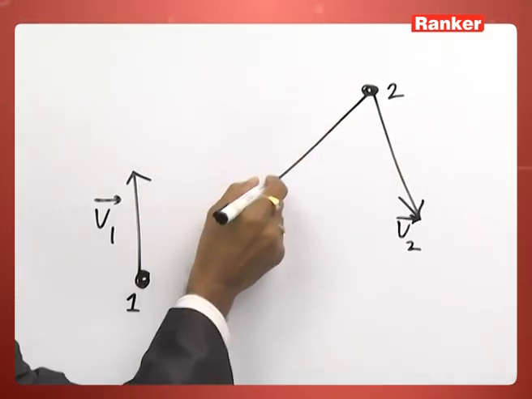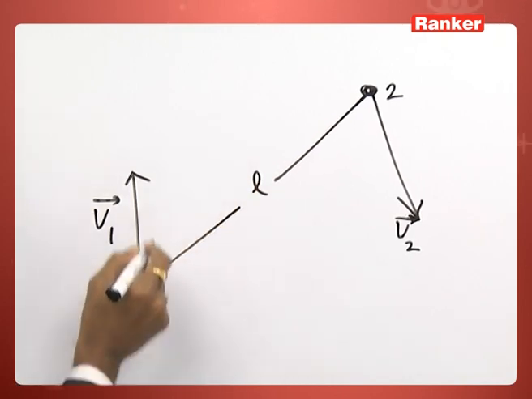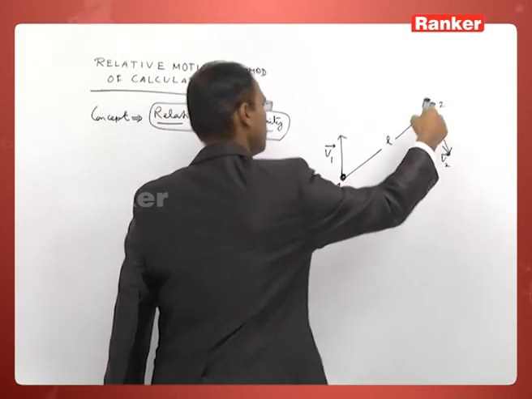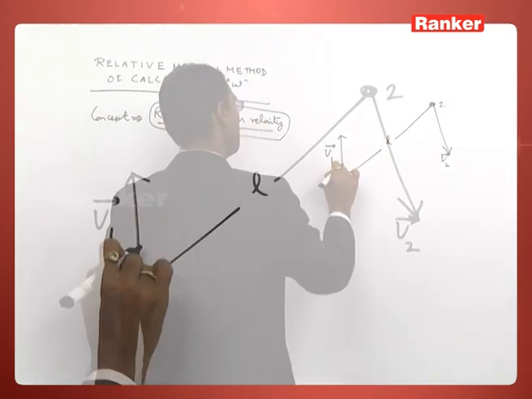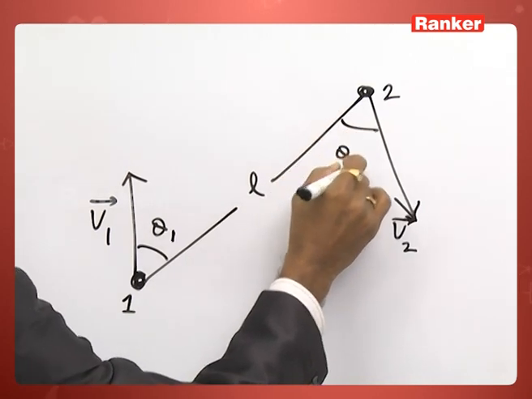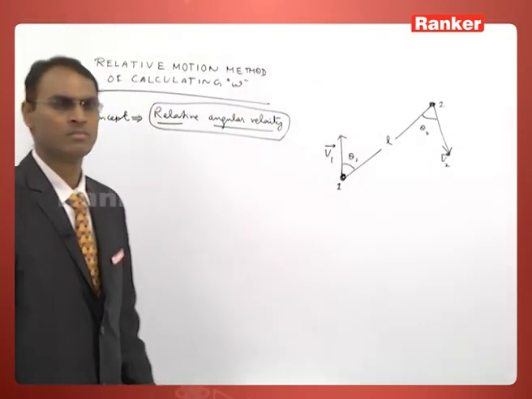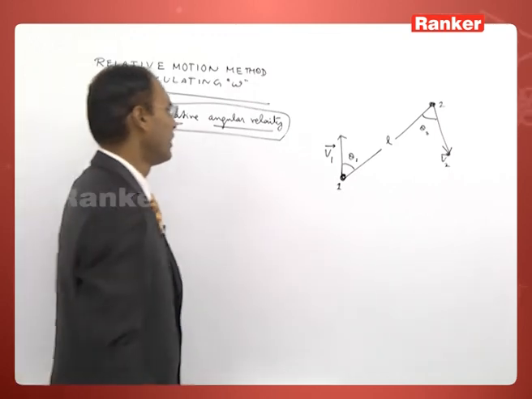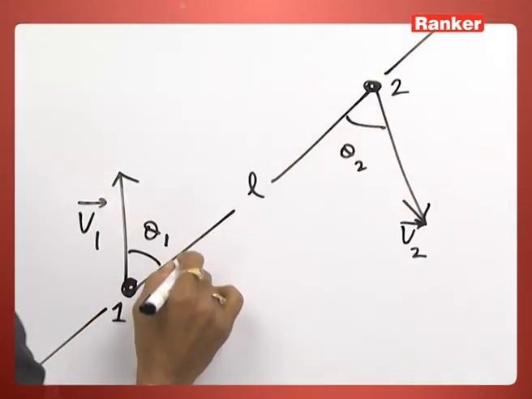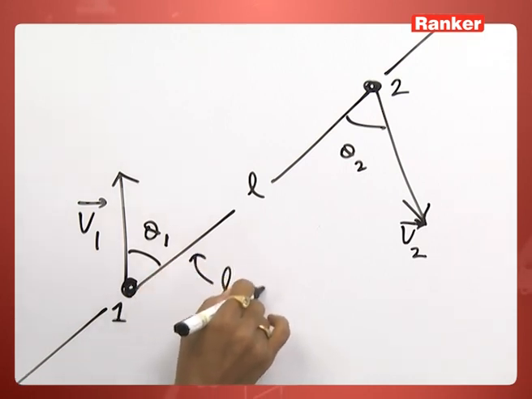The line joining these 2 points has distance L, distance of separation. This angle will be theta 1, this angle is theta 2. This is called the line of separation.